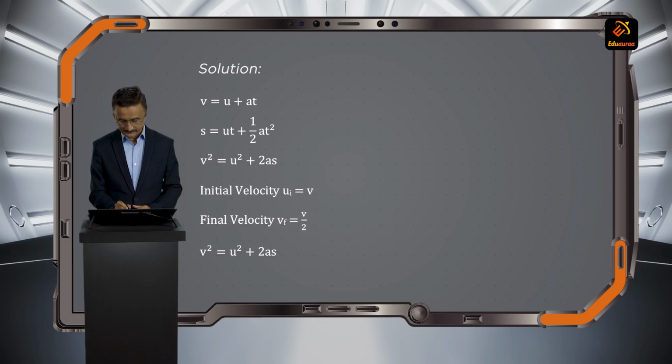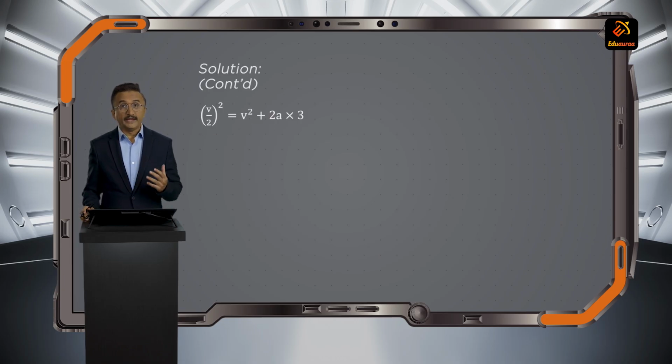v square is equal to u square plus 2as. v is the final velocity, so here it is v final, so it is v by 2 the whole square.